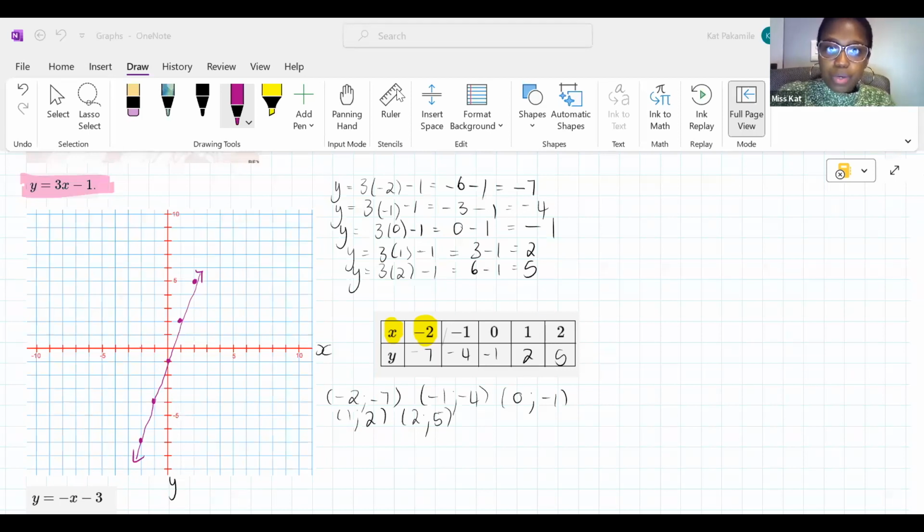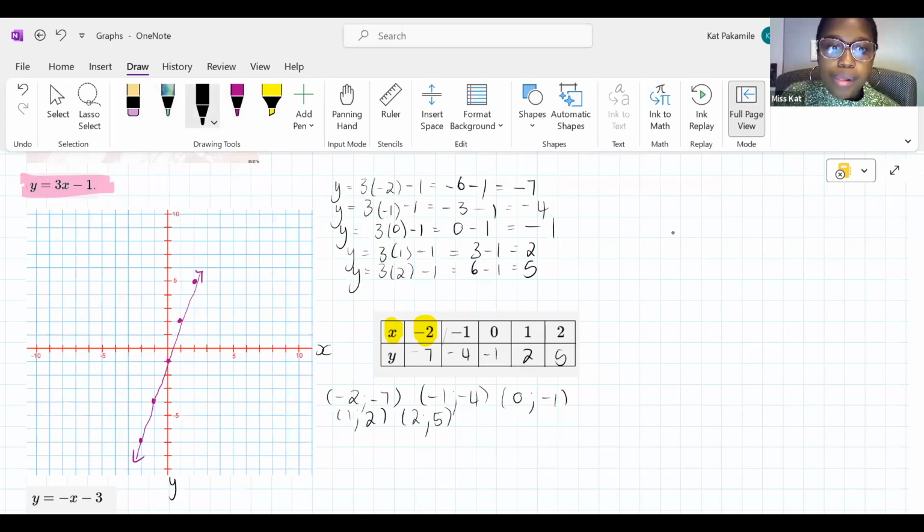Mila, do you have a question? Yes, ma'am. I want to ask if it always has to be linear graphs only, like if the graph isn't straight.